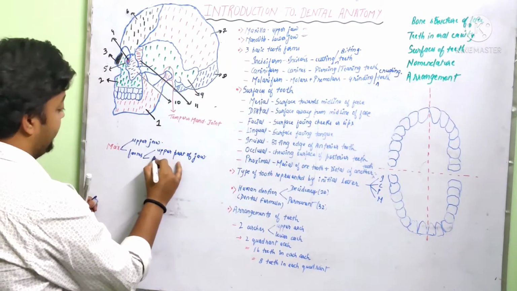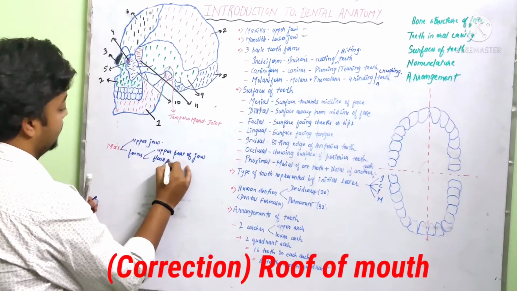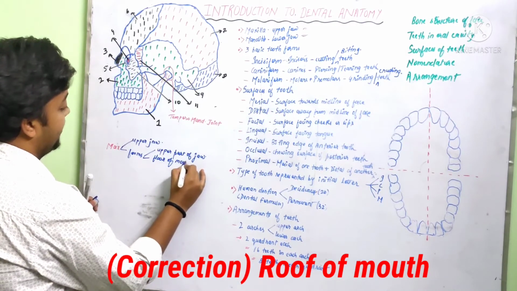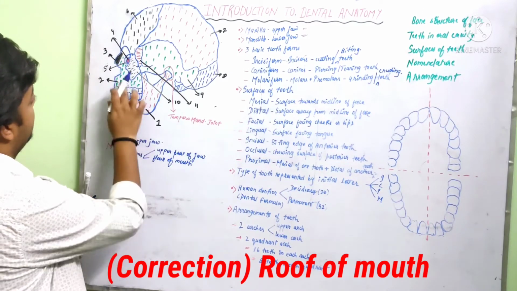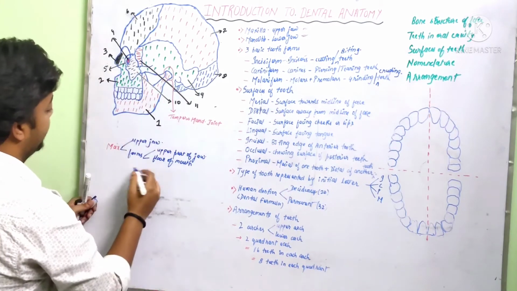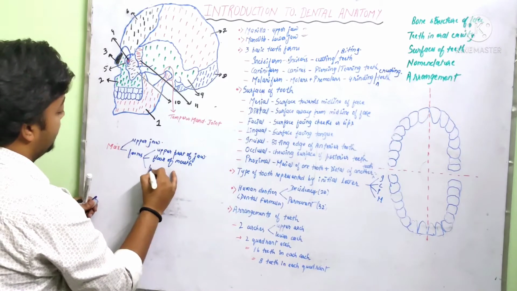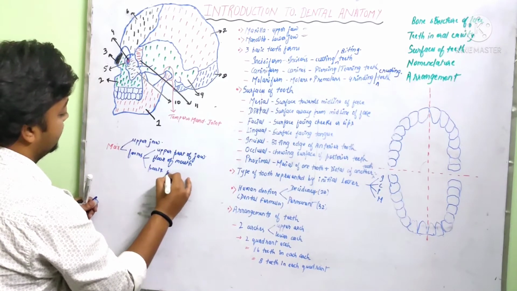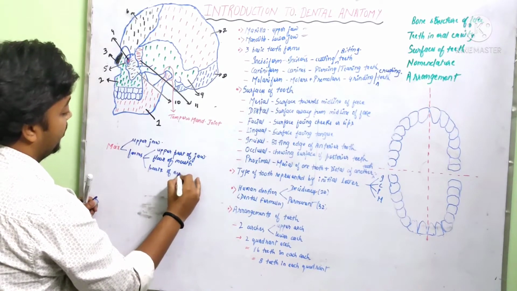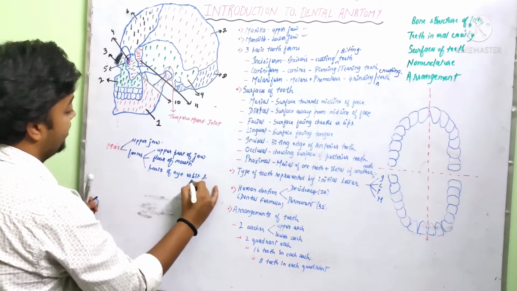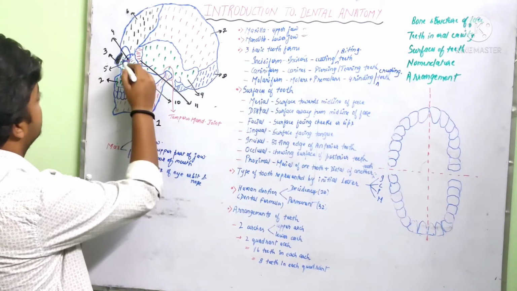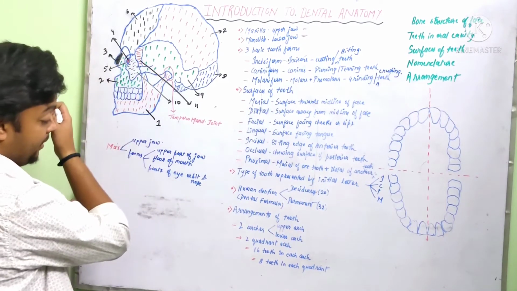Number 2, it forms the floor of the mouth. You can see here, this green one represents the maxilla, and it forms the floor of the mouth. Number 3, it also forms part of the eye orbit and nose. This becomes the eye orbit and the nasal structure as well.